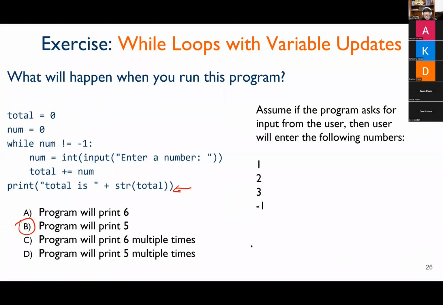Because the code looks good. The issue is this. When you first enter 1, num would be 1. And for some reason, it doesn't allow me to annotate anymore. Feels like the annotation stopped working.